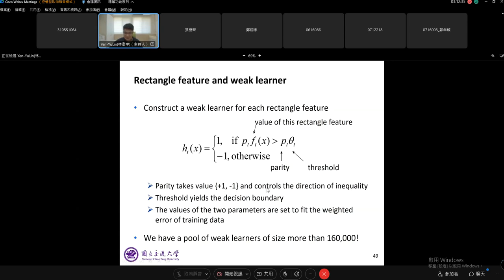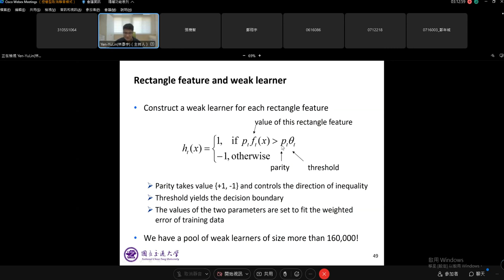It is used to control the direction of the inequality. If p_t is 1, it can be ignored. In this situation, if f_t(x) is larger than the threshold, the pattern is predicted as face, otherwise non-face.